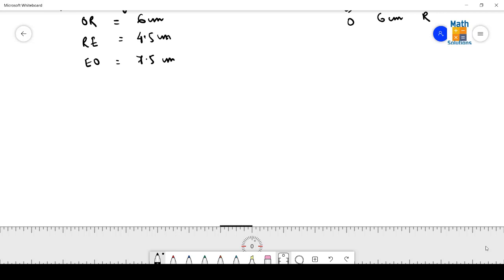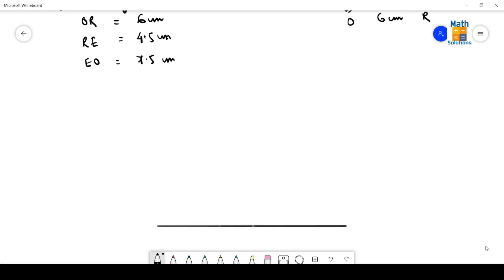So if I draw OR, its measurement should be 6 cm. Suppose I am starting from this position: 1 centimeter, 2 centimeter, then 3 centimeter, 4 centimeter, 5, then 6 centimeter. Up to this we have to consider the measurement. So this is the measurement for OR. Let us mark OR. It has measurement 6 centimeter.